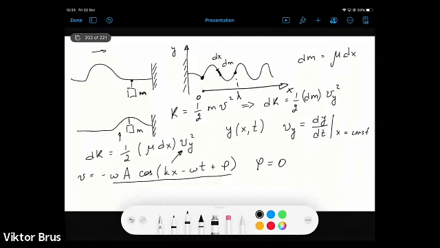And we have many of these small elements along the one lambda distance along axis x. And that's why if we now integrate for all of them, we will get total kinetic energy this wave is carrying at the distance of interval of 1 lambda.